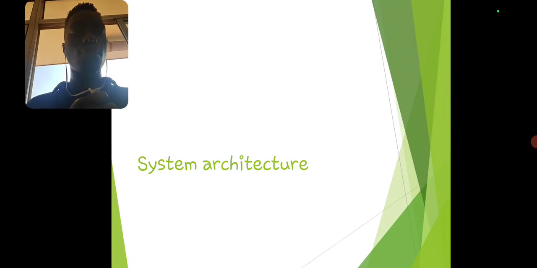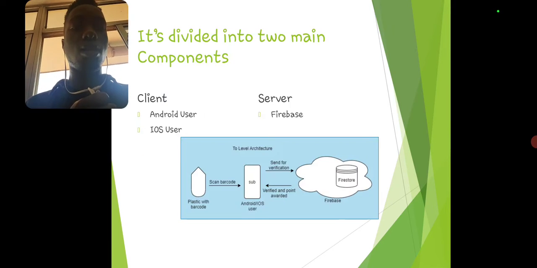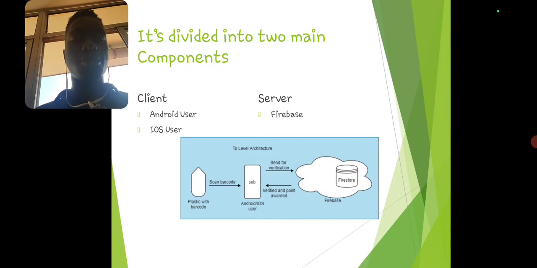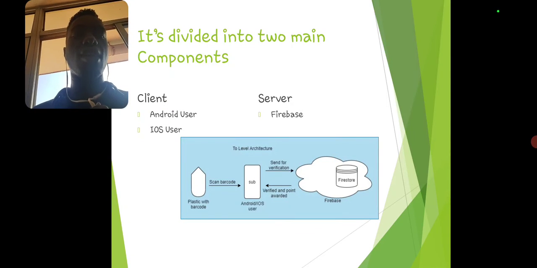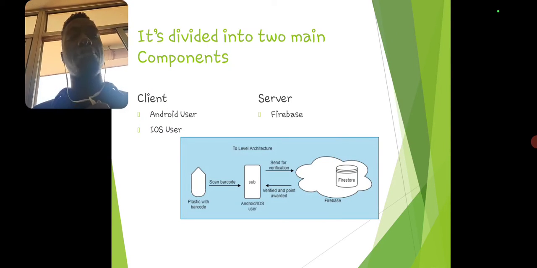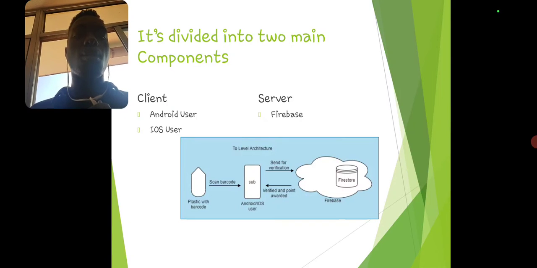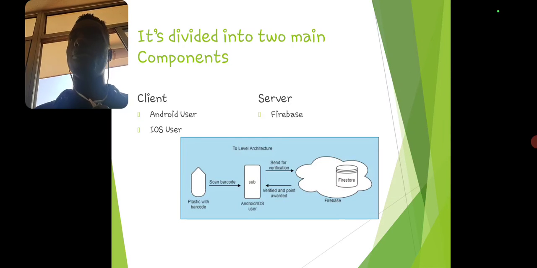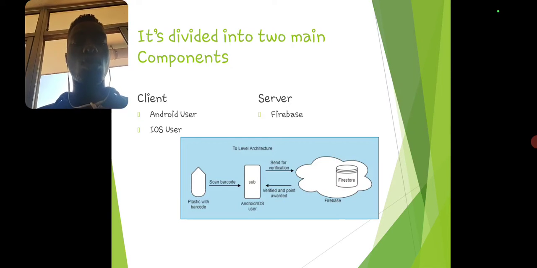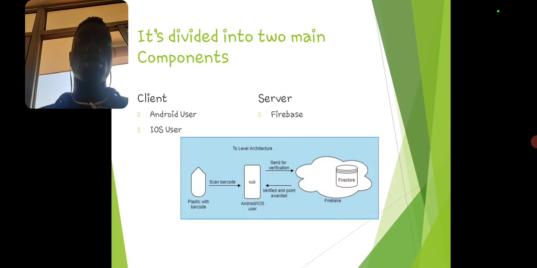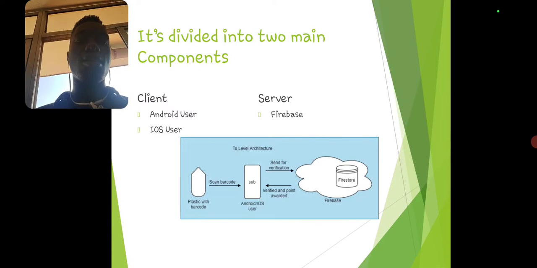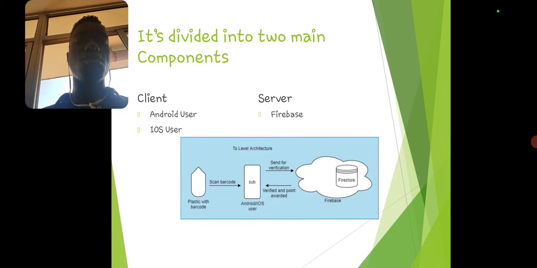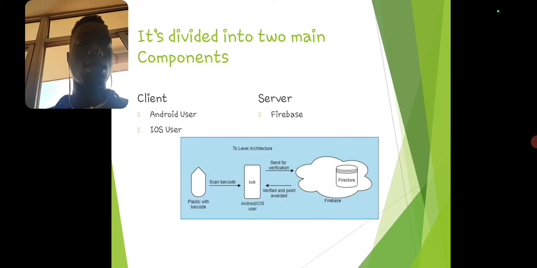Yes. And this is the system architecture. As I explained before, we are going to have the server and the client. The client can be an Android user or iOS user, and then we shall have a server in form of Firebase. The user will scan the plastic bottle using the Android or iOS phone.